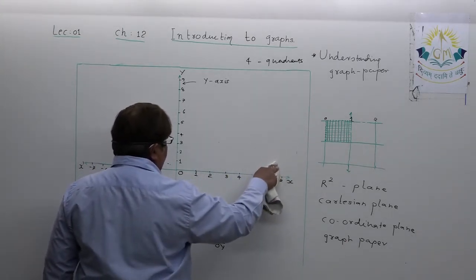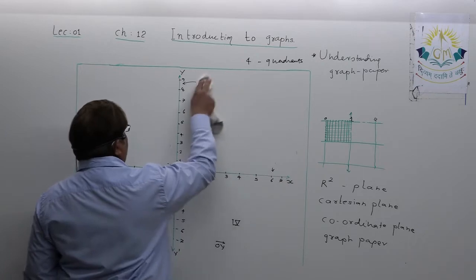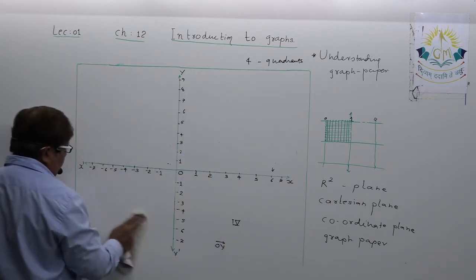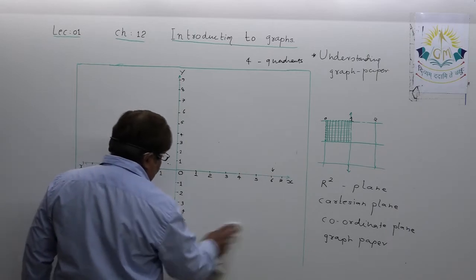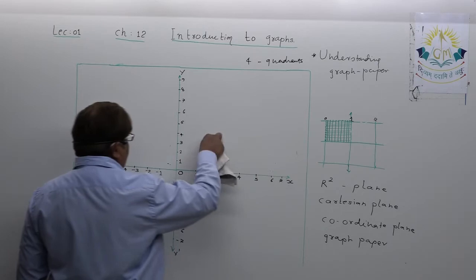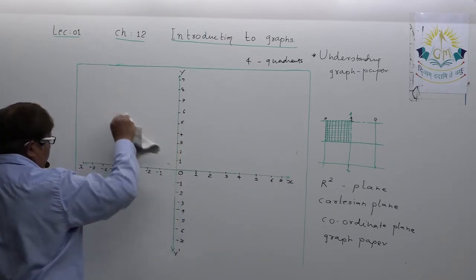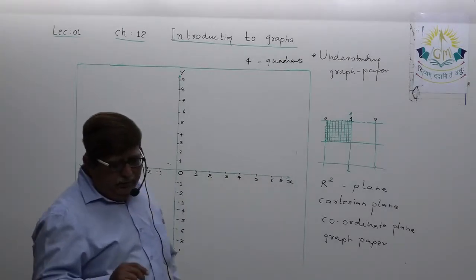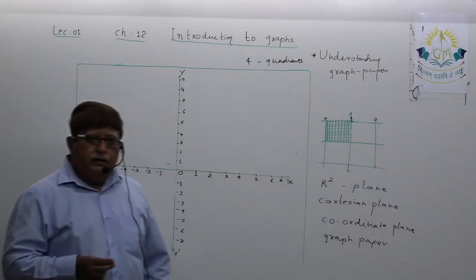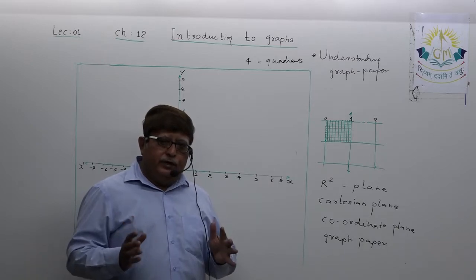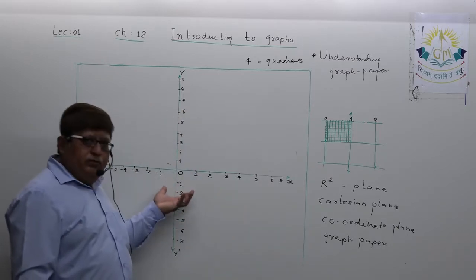You need to be very conscious about that. Right. Now you all know which is the third quadrant, which is the positive x-axis, which is the positive y-axis, and all these things. Now, dear student, whenever you are asked to make your graph paper ready, this is what you have to do.